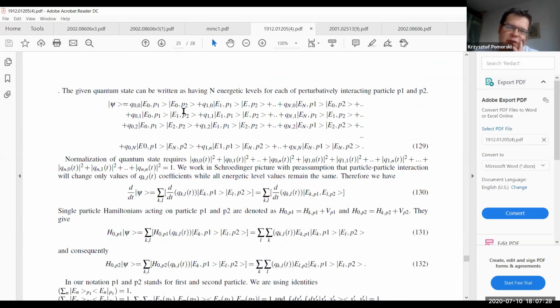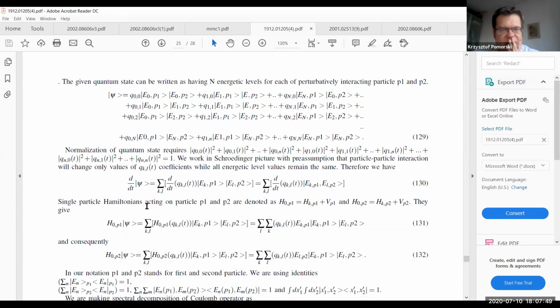So the tensor product of states on the left-hand side of the first qubit and another qubit, parameterized by momentum, and that corresponds to a certain eigenenergy. So there's P1 and P2. And now it's interesting to see the action of this. Basically, the system is spanned by coefficients like Q00, Q01, Q02, Q0n.